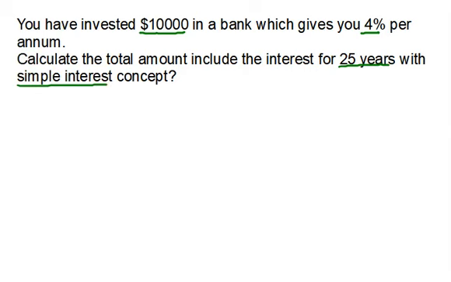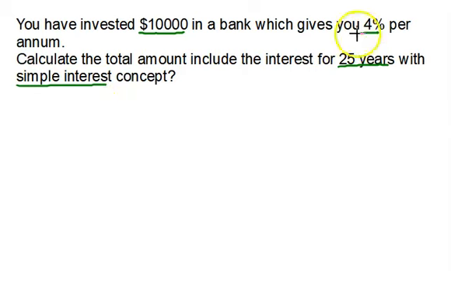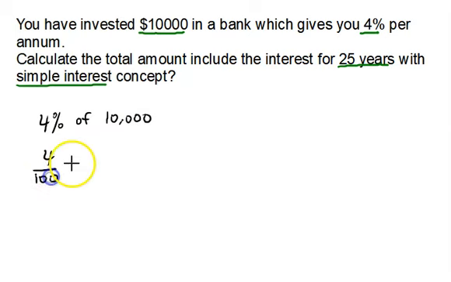Okay, here, step 1, we just have to calculate 4% of the 10,000. So which means 4 over 100 times 10,000. So we'll be getting about 400 a year, per annum.